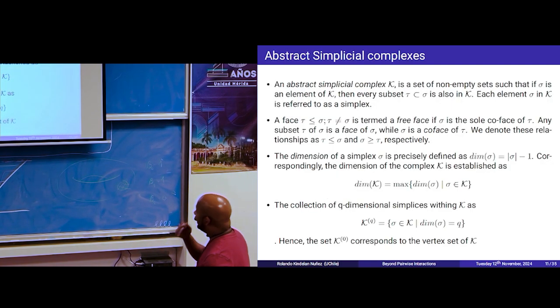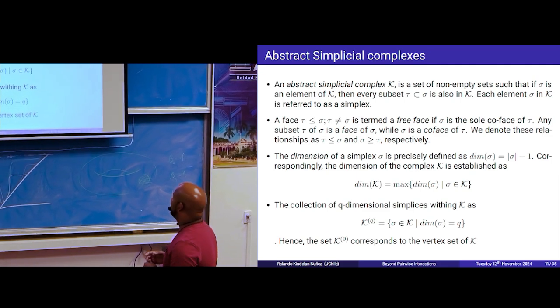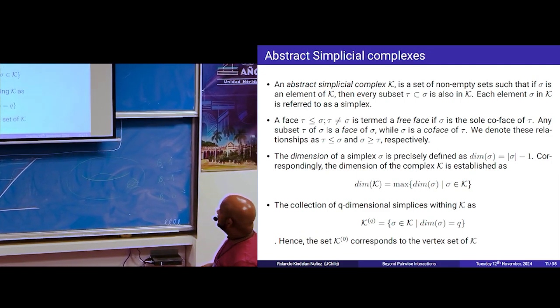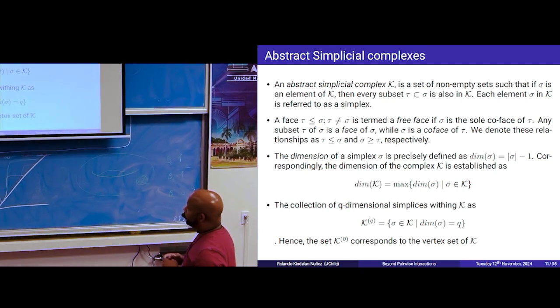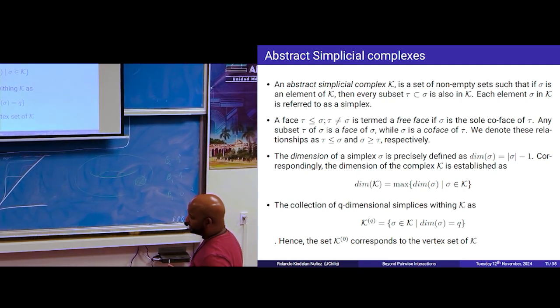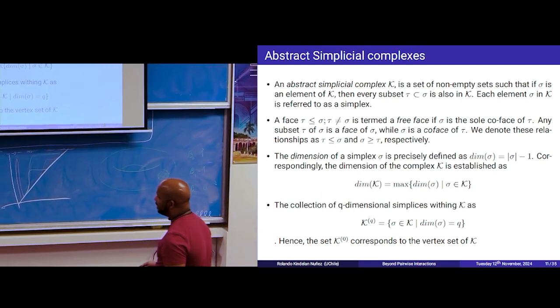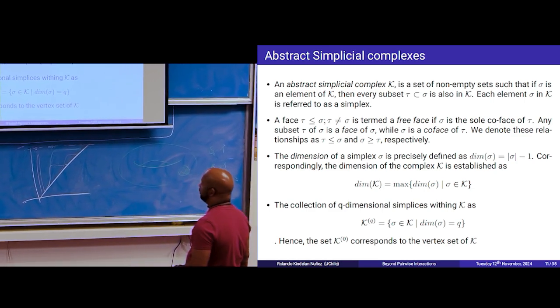So an abstract simplicial complex is basically a collection of sets or subsets with the property that any subset of any set contained in the complex is also in the complex.